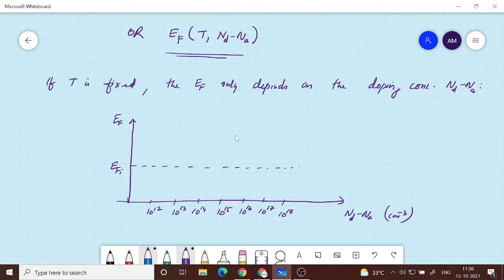Suppose this is my EC. As I make the material more and more n-type, the Fermi level will go more and more near to the conduction band. Let me use a different color.